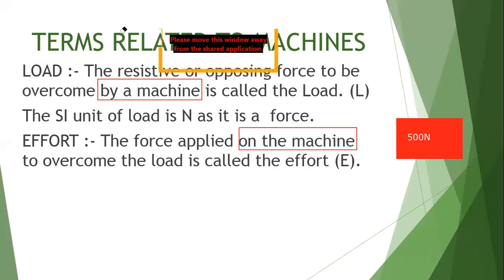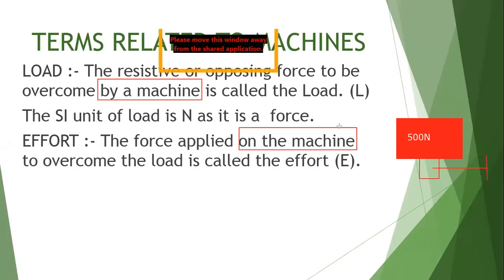Now, what machine are you using? I will take a very simple machine, just a diagrammatic part of it. Assume I'm using a simple machine, and this machine is a jack. Just for the sake of drawing the diagram, this is my jack.